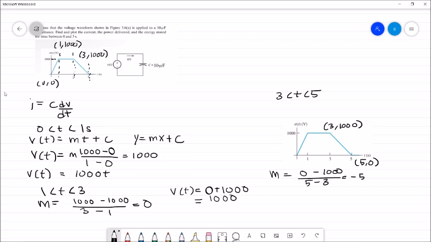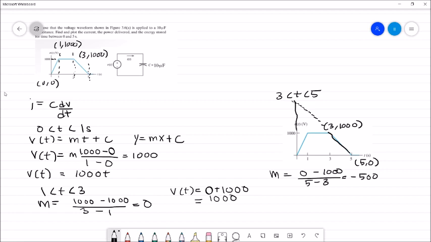You will get negative 500. And then we need to determine the intersection. For this graph, if we project, it will be intercepted somewhere above here at the voltage. So the value of the intersection we will need to determine by using the ratio.